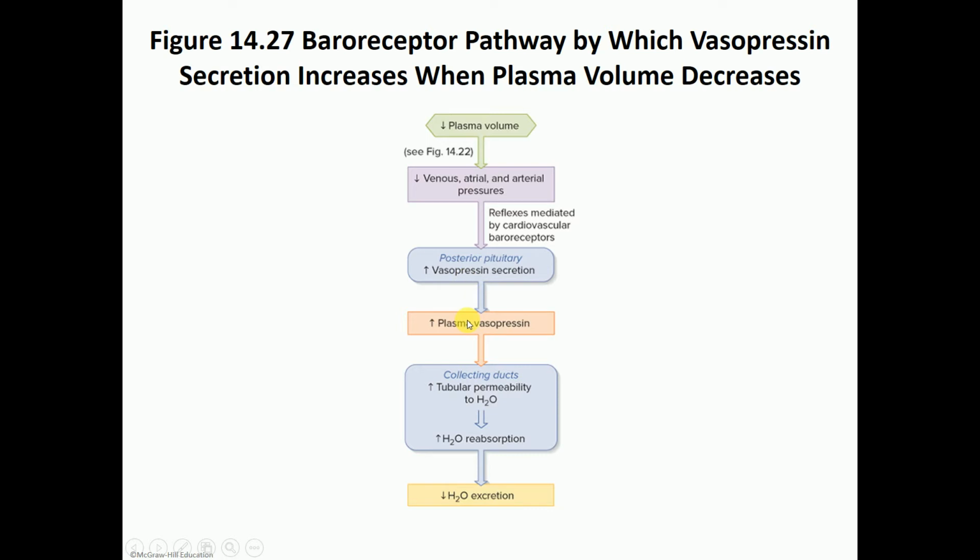When ADH levels in the plasma increase, it will reach the collecting ducts. So remember that the ADH increases the expression of aquaporins on the collecting ducts, and that leads to the increase in the tubular reabsorption of water. Now that we've increased water reabsorption and kept it in the body, that will help bring the blood volumes and the blood pressure back up to normal.